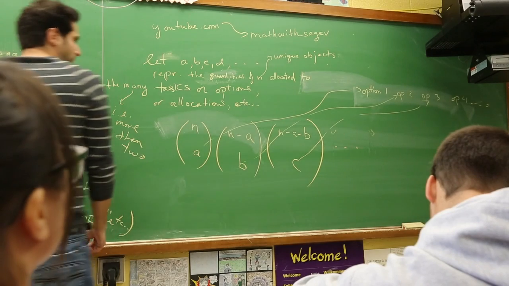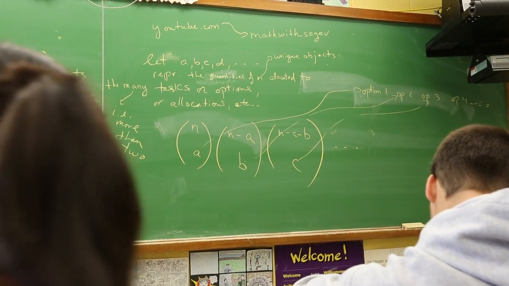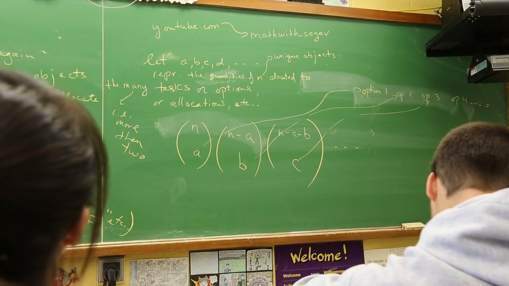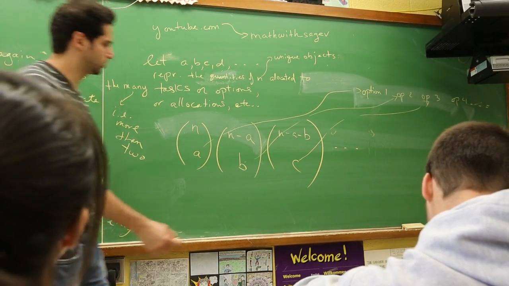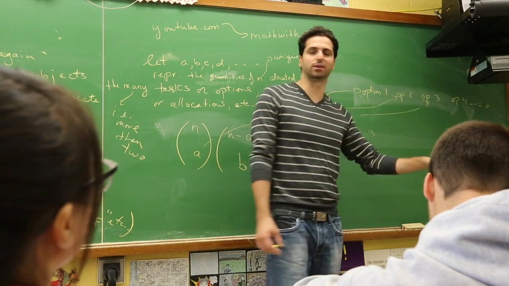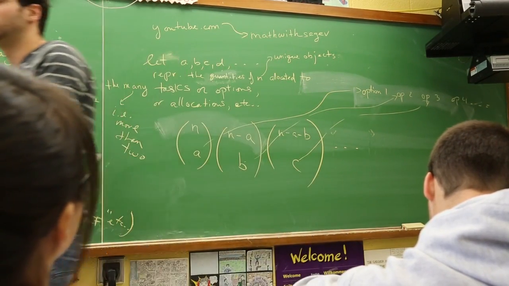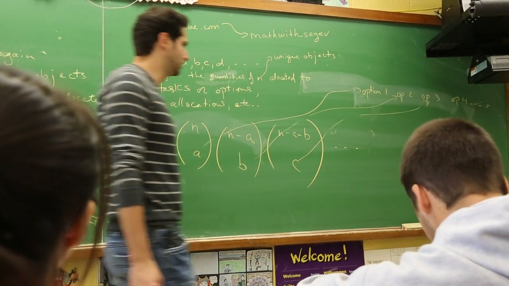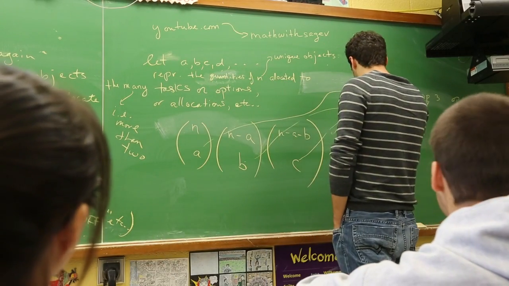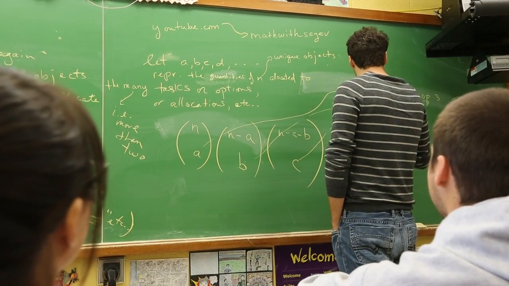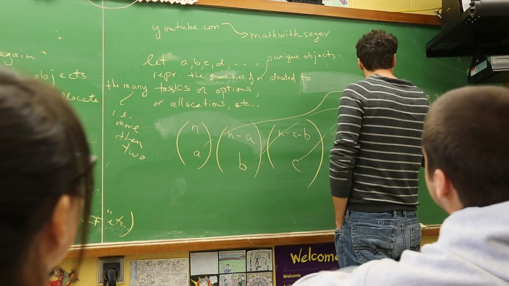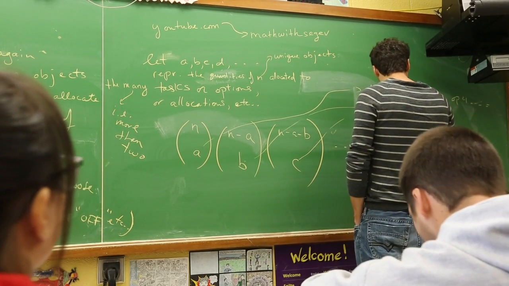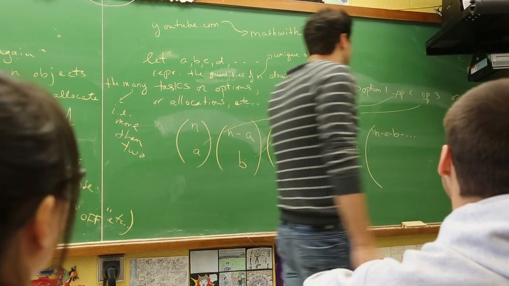Can we make a final statement? Ultimately, our last choice is going to consume everything that's left. I'm not sure how to write that in a general statement, but that last letter is going to eat up everything that's left, because you're talking about the possibility of choosing all of it. So how could we do that? N minus A, N minus A minus B, minus, well, there has to be something left.